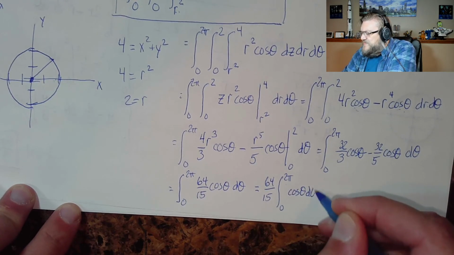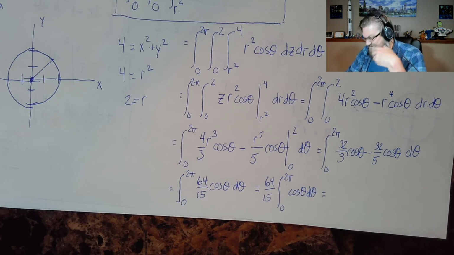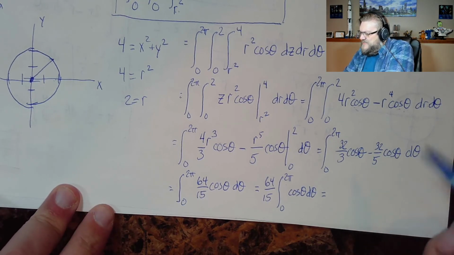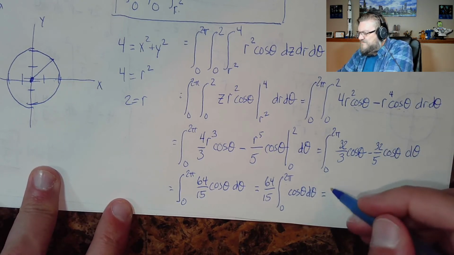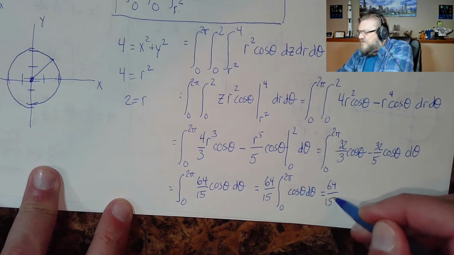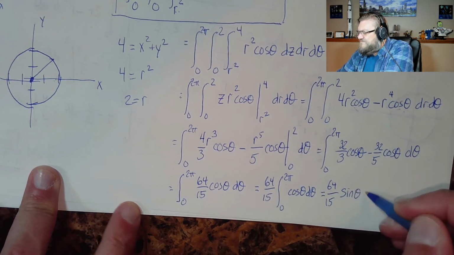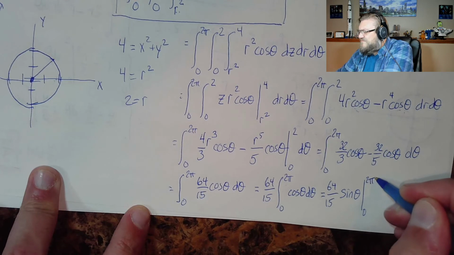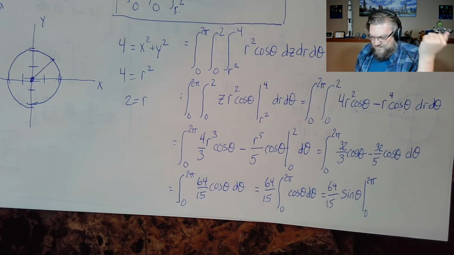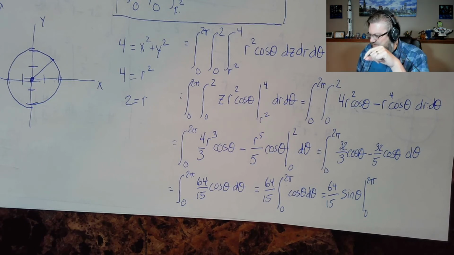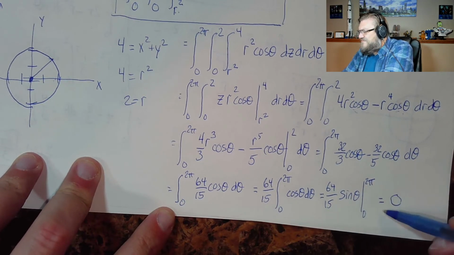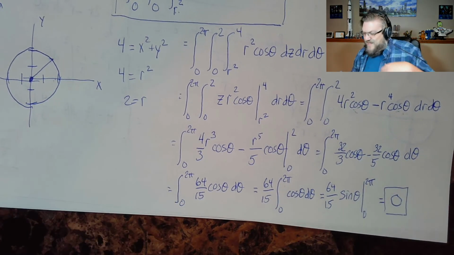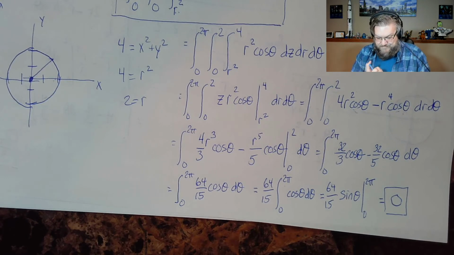So at each individual step, it wasn't terrible, right? It wasn't really terrible. So wait a minute now. The antiderivative of cosine is positive sine. Oh, are you kidding me? I plug in 2 pi, which gets me 0, and I plug in 0, which gets me 0. After all is said and done, I got 0.